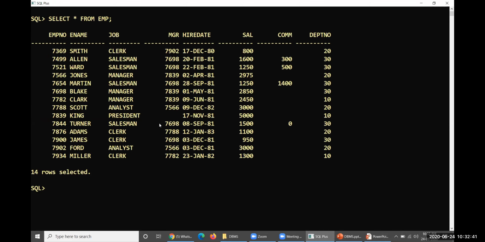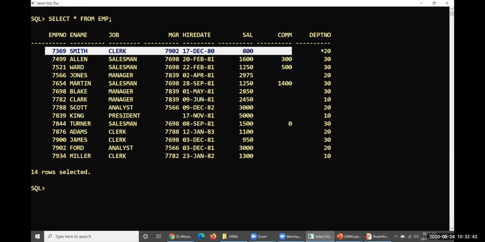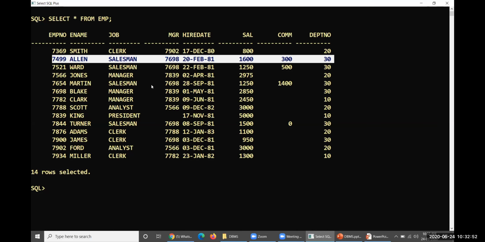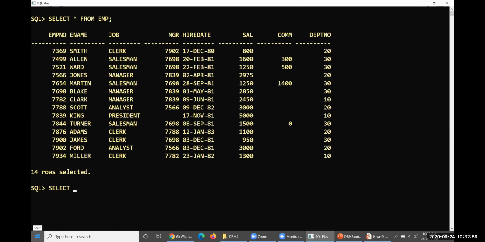Let us examine. Here, this is the first row. It has its own ROWID, which is created on behalf of this particular table. Let me take one query here: select ROWID, EMPNO, for example ENAME, from EMP.